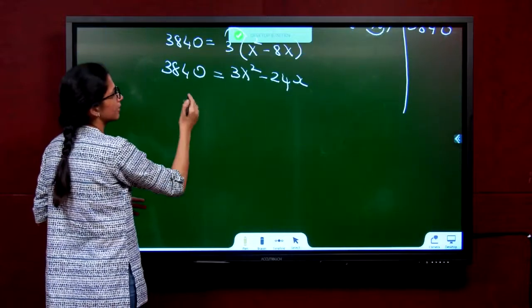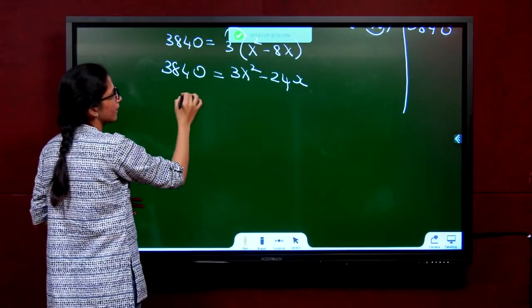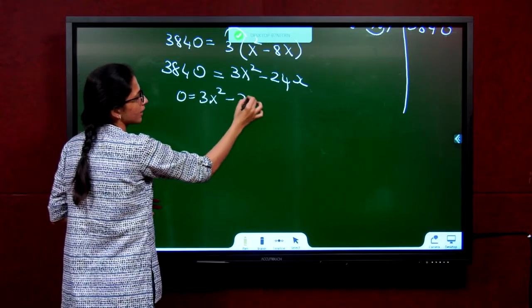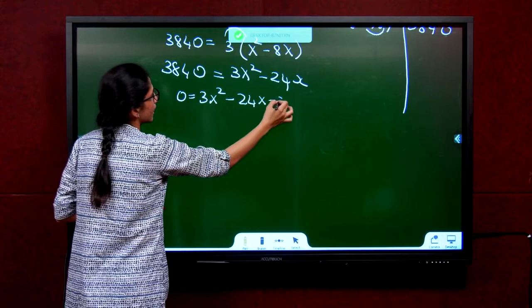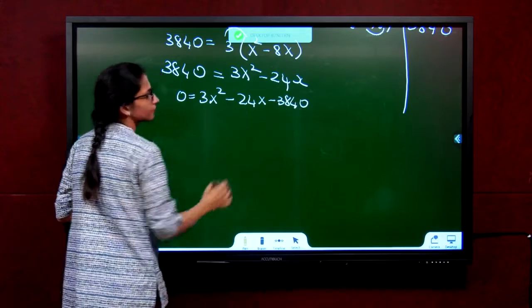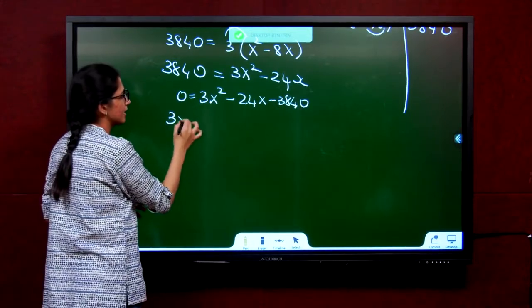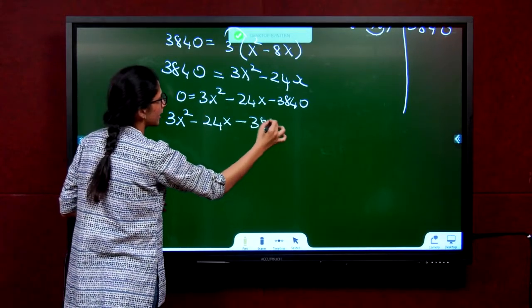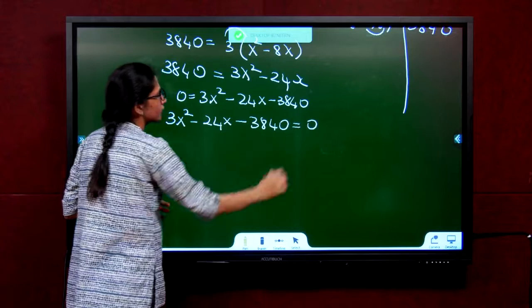So 3840 goes that side. This will become 0 is equal to 3x square minus 24x minus 3840. You can rewrite this as 3x square minus 24x minus 3840 is equal to 0.